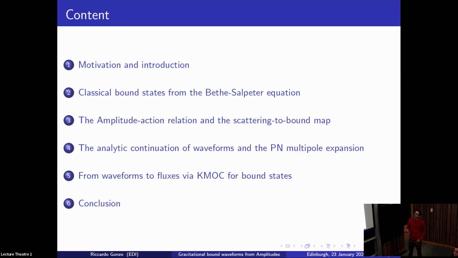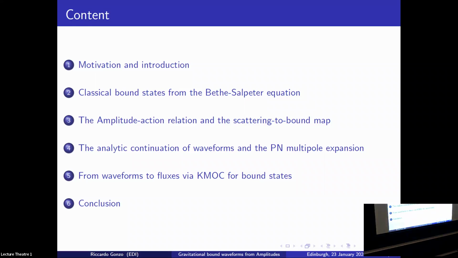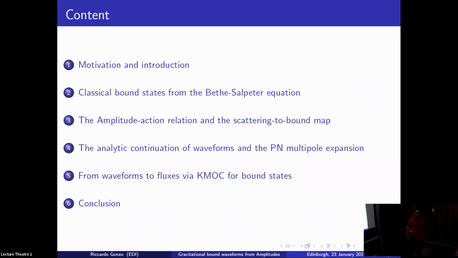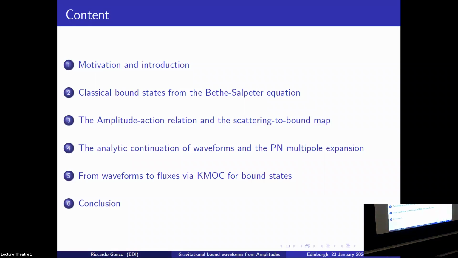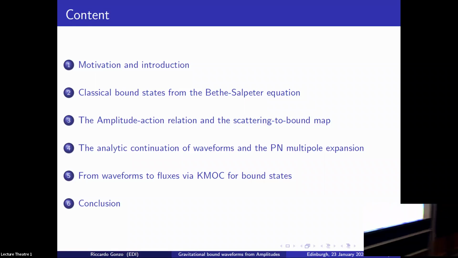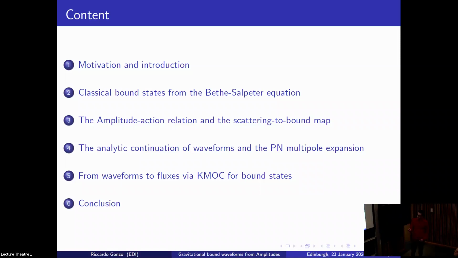This will add to the amplitude action relation, and then we'll talk about boundary to bound, first in the conservative sector, and then I will talk about the relative sector, extending the beta subbeta relative case, and understanding how to write waveforms, and match also analytic continuation with the PM results that were already available. And then I will start on the fluxes at the end, if I have time.